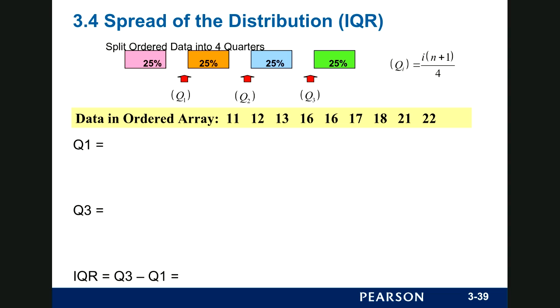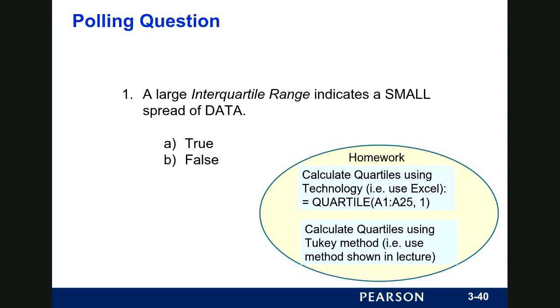A large interquartile range indicates a small spread of data. So if I calculate IQR and I get a huge value, what does that huge value mean? It means that the way the data is spread out in the middle is huge. It's spread out a lot. So this answer is false. A large interquartile range should indicate that it's spread out a lot. So that means, let me move to the next slide. This answer is false.